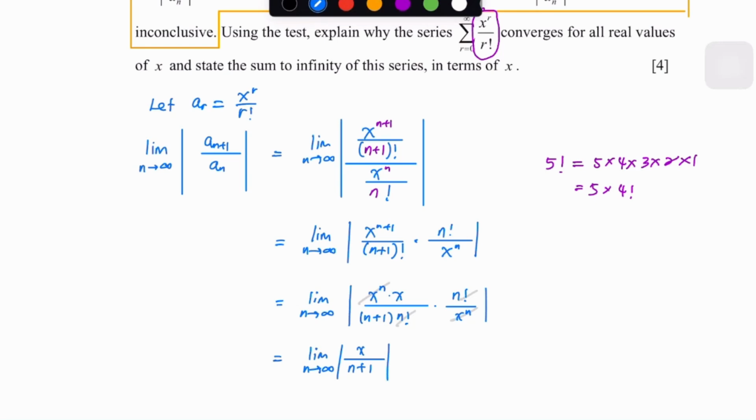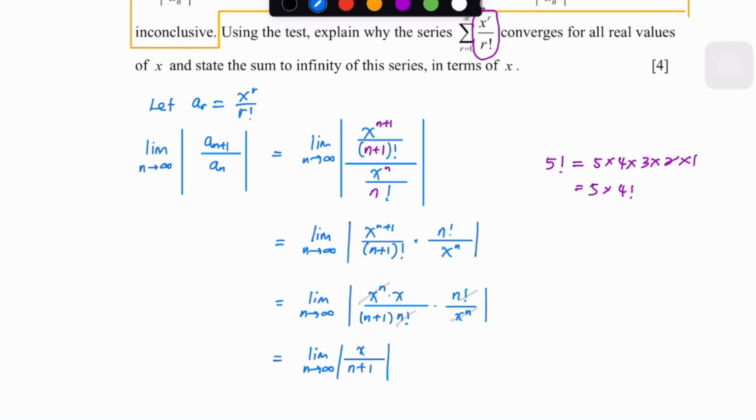Next, the next one is actually the important part that we need to think of. This one is a conceptual part. So what does this equal to? You can technically bring the x out, because over here we are taking the limit of n to infinity.